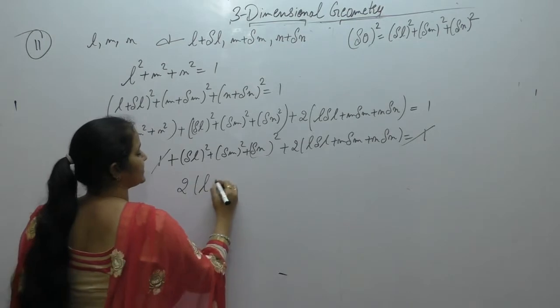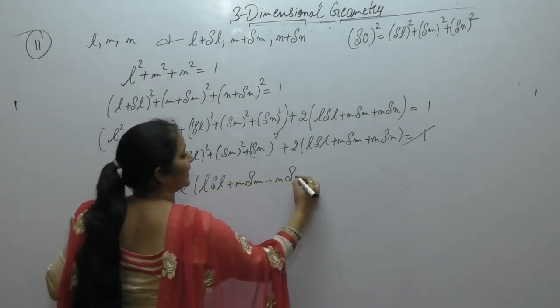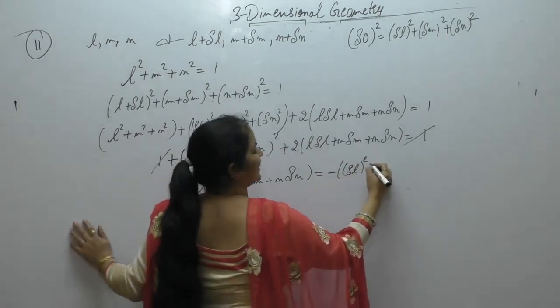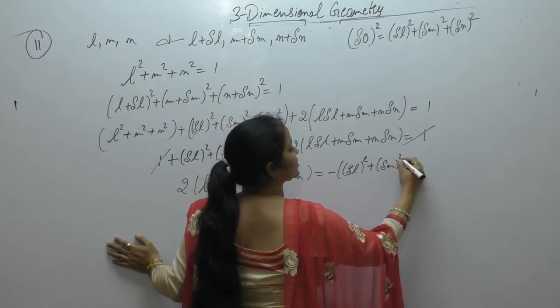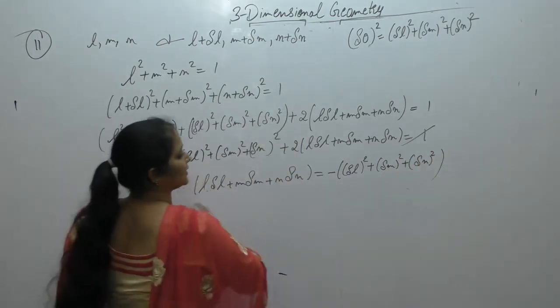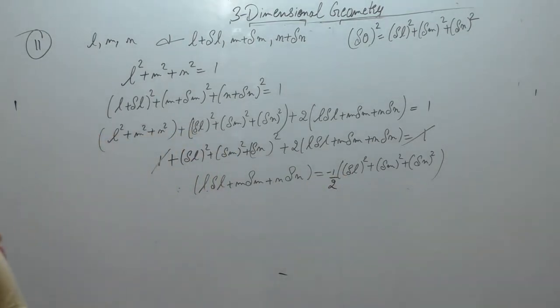So 2 times (l delta l, m delta m, n delta n) is equal to minus (delta l square plus delta m square plus delta n square). Now this 2 goes on the right hand side, so it becomes minus 1/2 of this.